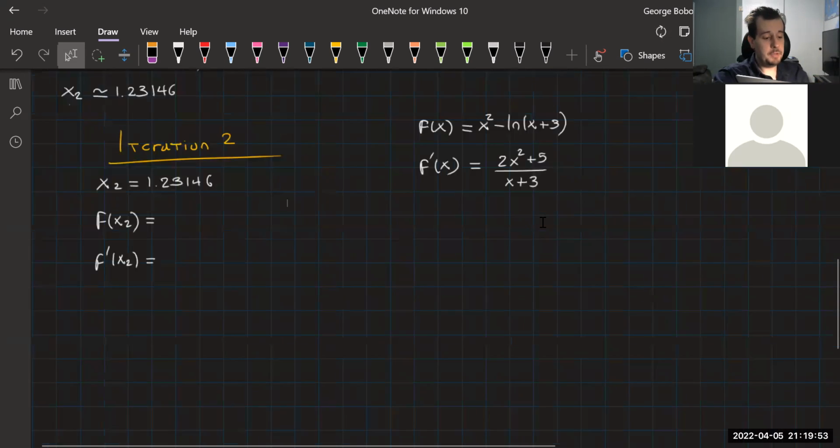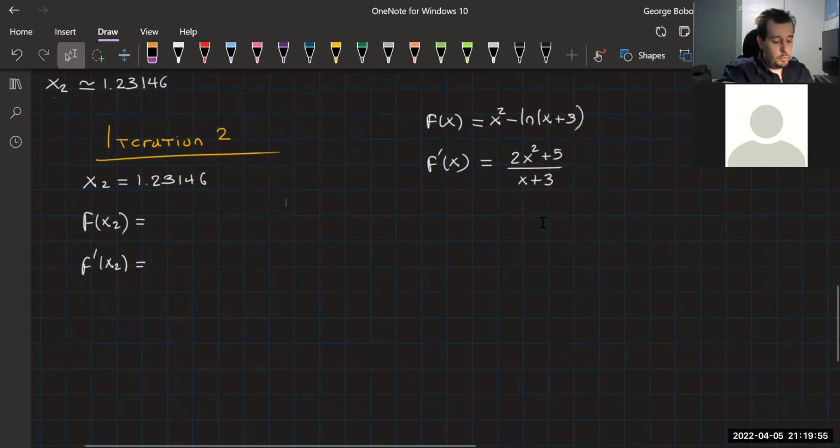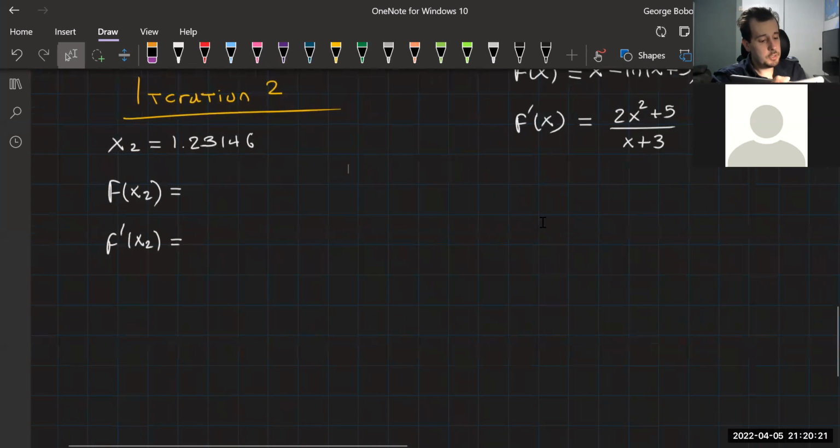But again, if I plug in this number, 1.23146, let's store it in A right now, in memory, so we can use it quickly. 2 times this number squared, so I'm calculating the derivative first, divided by this number plus 3. Okay, so this is 1.898384 really.